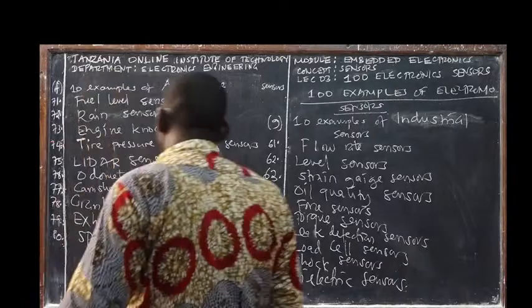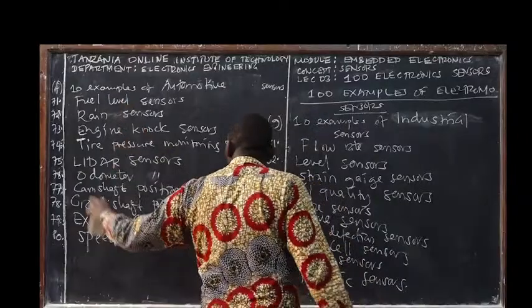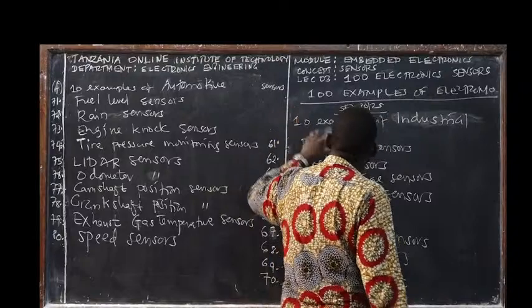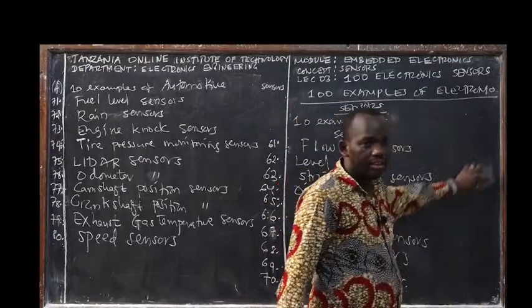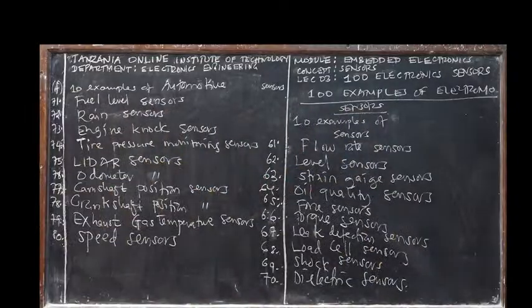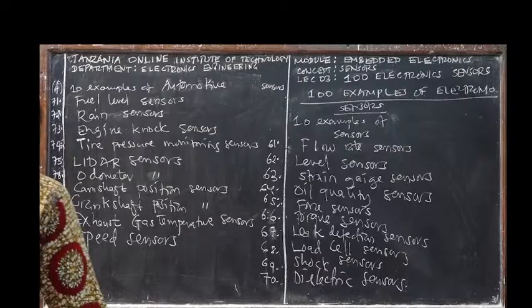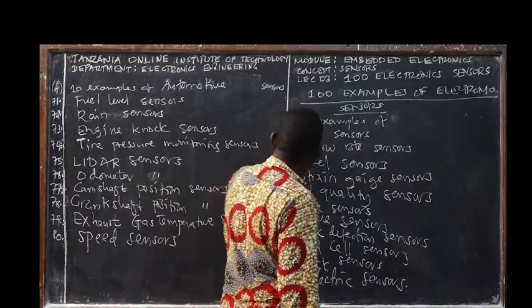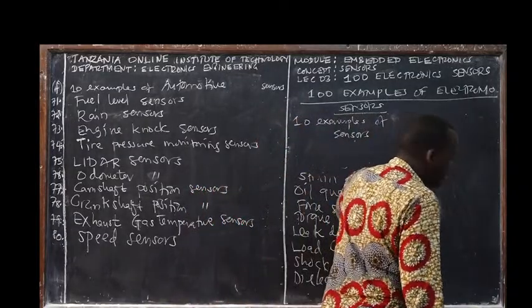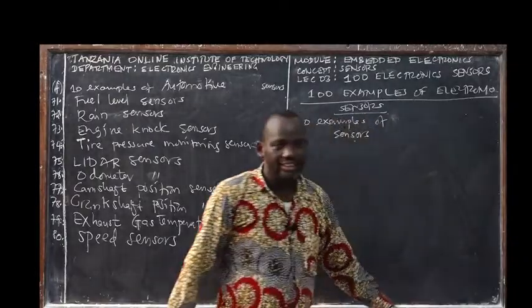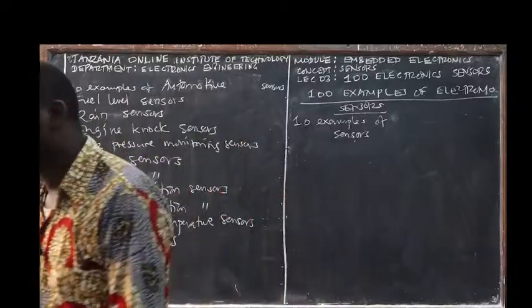Let us reinforce understanding. 1, 2, 3. Pronounce 71 to 80 quickly. Yani mnawahi speed sensor, si ndio?